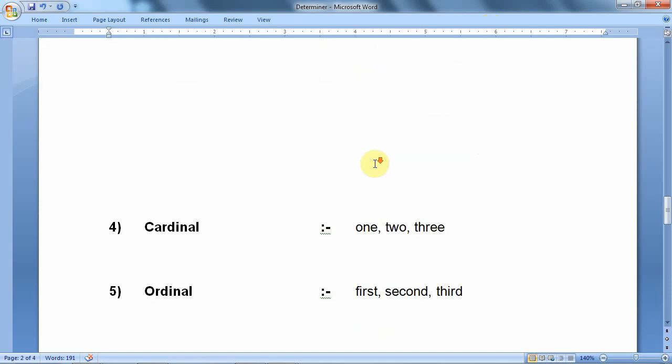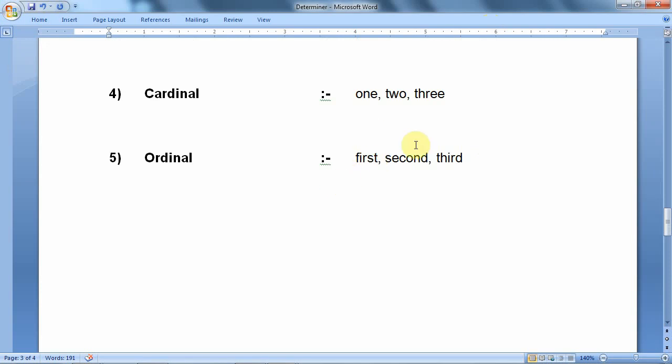Next we have cardinal and ordinal. Don't get confused. Cardinal means what? Whenever we have numbers, written as one, two, three, 1, 2, 3. I have 3 friends, I have 4 friends, I have 5 pens with me.